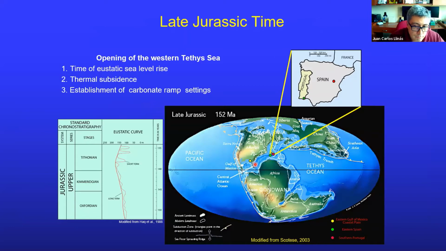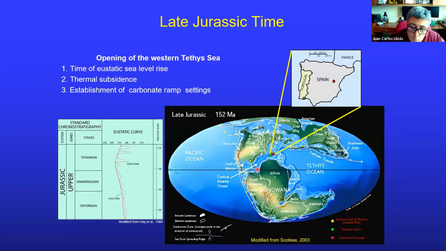During this time, due to this process, we had thermal subsidence. The time of thermal subsidence was also the time of eustatic sea level rise, as you can see here in the chart. So we have all the conditions for the establishment of carbonate ramp settings, right?